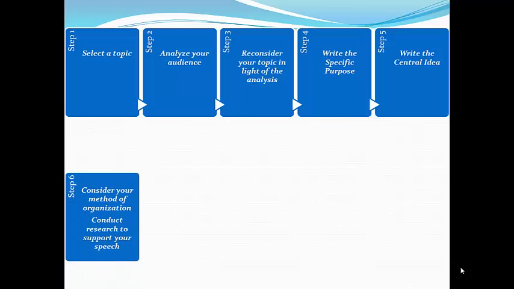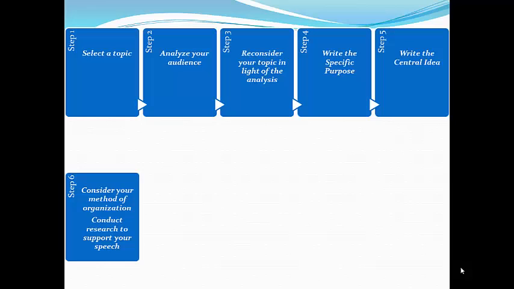Step 6 is, well, now that you have your goal and your main ideas, you need to start to think about how should I organize them. If you take a look in chapter 8 within the Lucas book, it talks about a number of methods of organization, from chronological to spatial to causal to problem solution to topical.